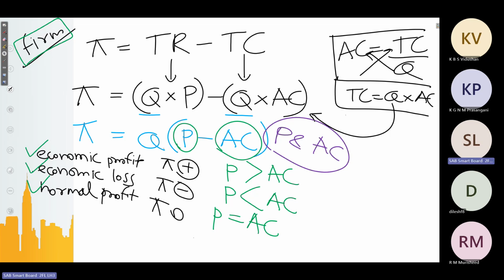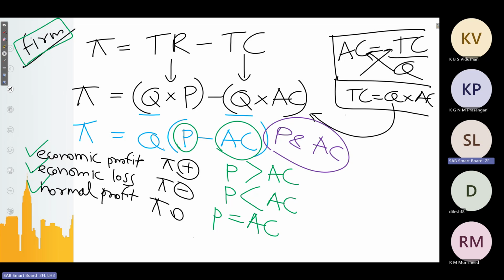When price is above the average cost, the firm is earning an economic profit. When the price is below the average cost, the firm is earning an economic loss. When the price and average cost are equal, the firm is earning a normal profit.